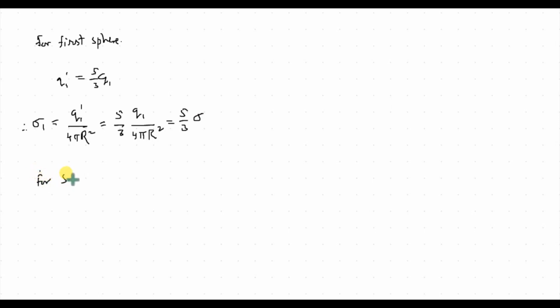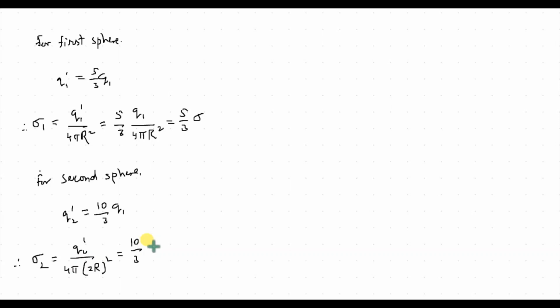For the second sphere, q2 dash is 10 by 3 q1, and the surface charge density sigma 2 is going to be q2 dash upon 4 pi times the radius squared. The radius of the second sphere is 2r, so it is 10 by 3 q1 divided by 4 pi (2r) square. Let me correct it: we have 10 by 3 q1 times 1 upon 16 pi r square.